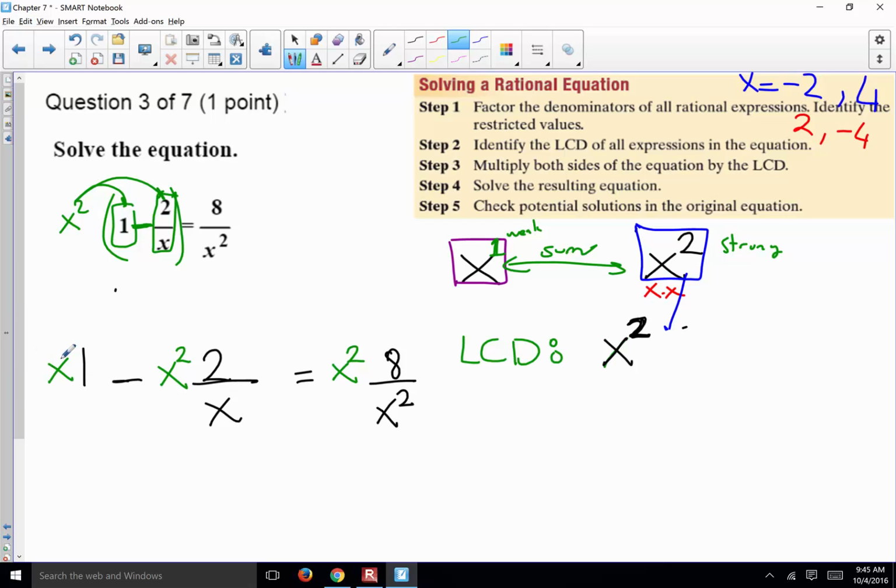You need to put the bullet to the first one too. X squared must go to 1 as well. Otherwise you're doing something wrong. You can't just take a part of the left side and put the LCD there. You must distribute to each term on the left and right.